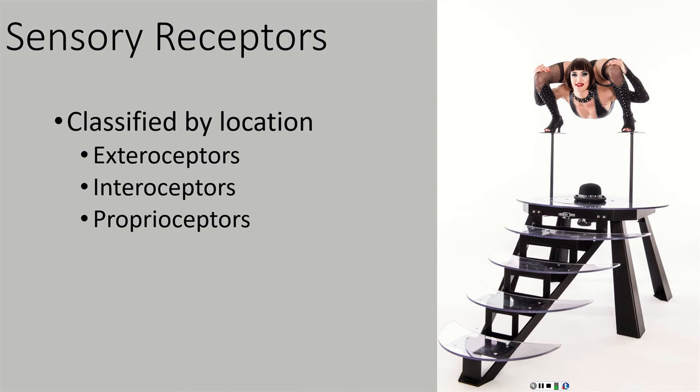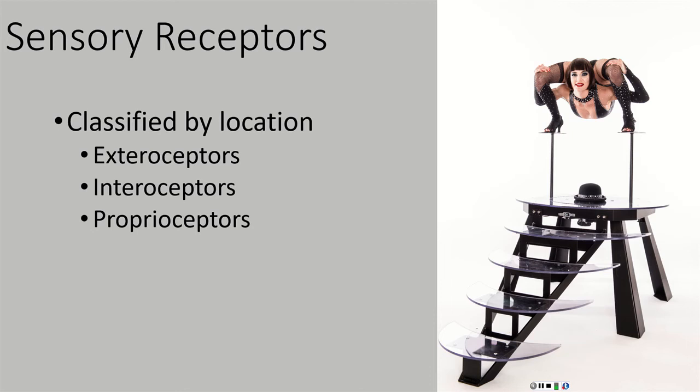Well, we could also classify the receptors by the location of the stimulus itself. For example, exteroceptors. Exteroceptors detect stimulus that has arisen from outside the body.